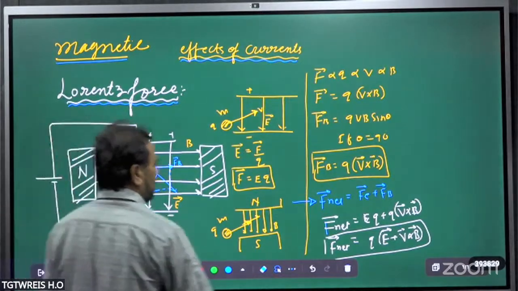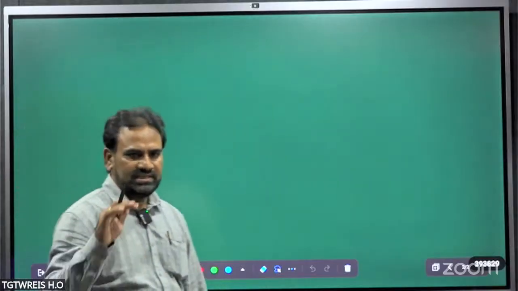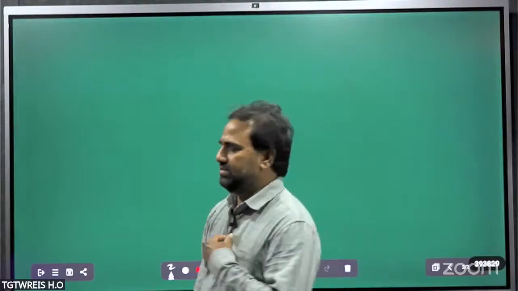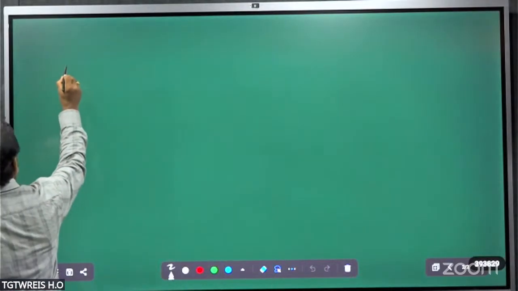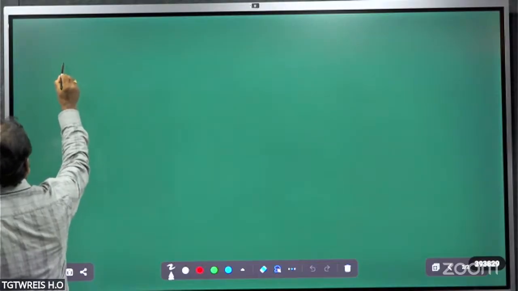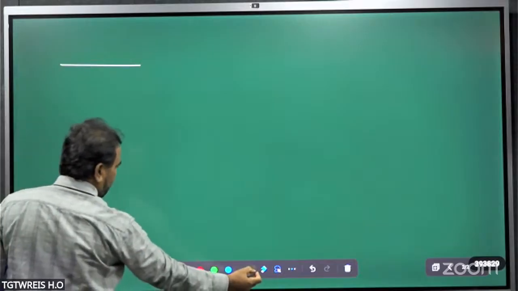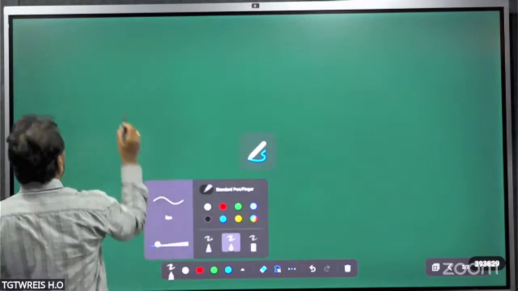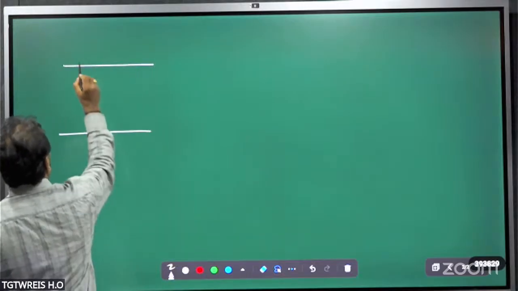Okay, next. See, when a charged particle enters across electric and magnetic fields, consider a charged particle entering like this. This is an electric field. The direction of the intensity of the electric field is acting like this.